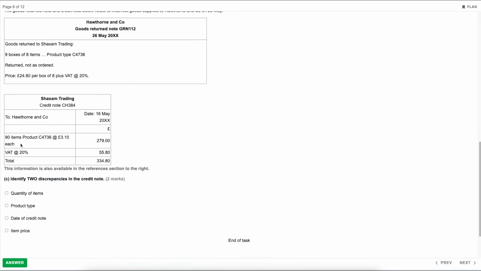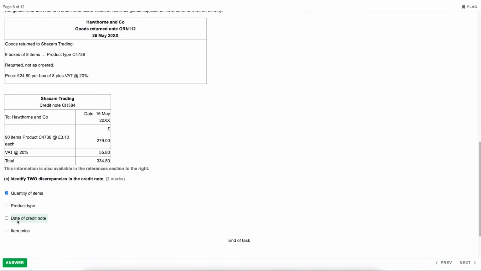Now, when we get to the quantity, we can see here that we've got 90 items, yet on the goods return note, we've got 9 boxes of 8 items, which definitely doesn't match up. So the first discrepancy would be the quantity of items. Now we've already discounted the product type, we know that they're the same.